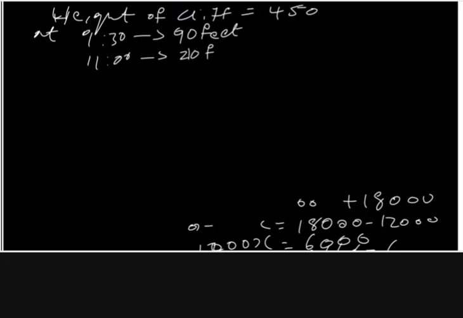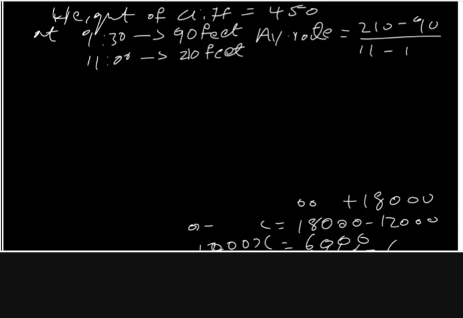So now the average rate at which he's climbing per hour is going to be equal to the average rate of climbing, which is 210 minus 90, all divided by 11 minus 9:30. That will be 1 hour, 30 minutes.